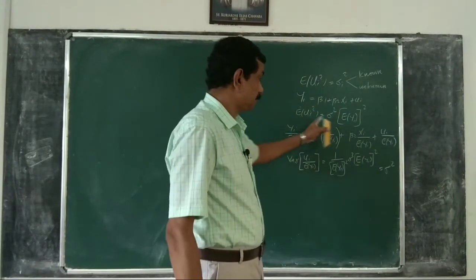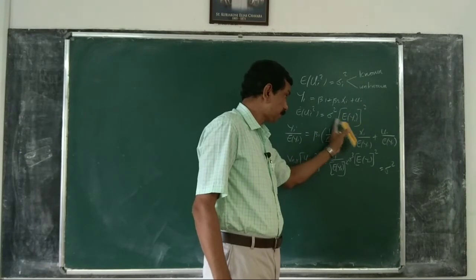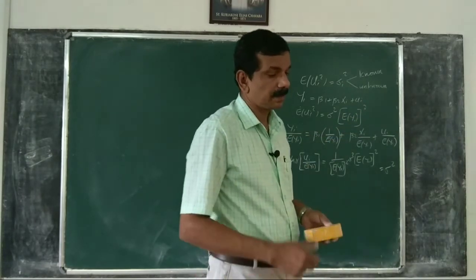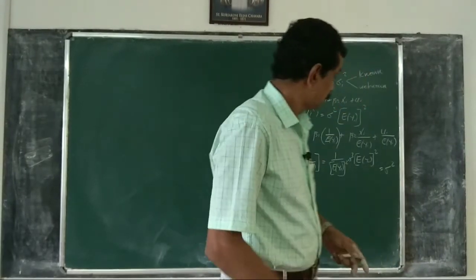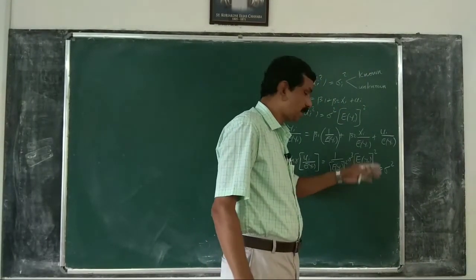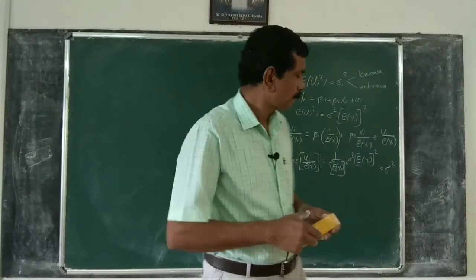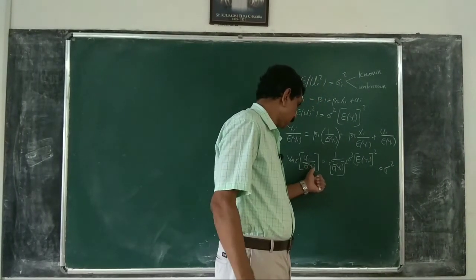So if we assume that the variance is proportional to the square of expected y, then divide throughout by the expected y. And since expected y is equal to beta 1 plus beta 2 xi, we can use that instead.